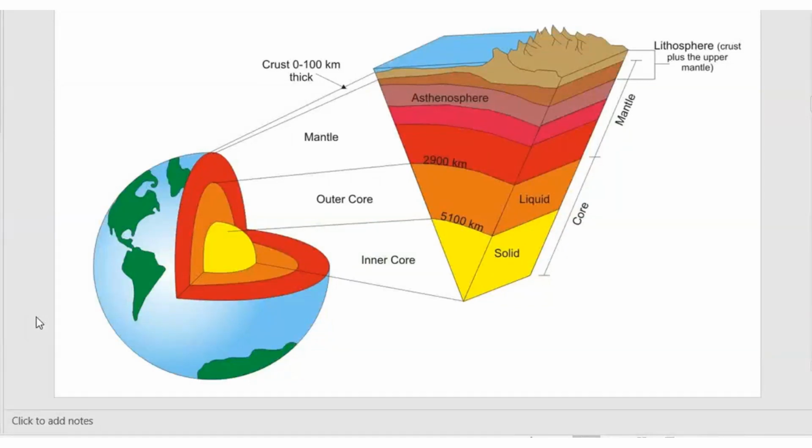So Earth can be stratified into the outer crust, middle mantle, and inner core region. Lithosphere is the outermost layer, which represents the land mass of the planet, consisting of rock, soil, sediment, and minerals.